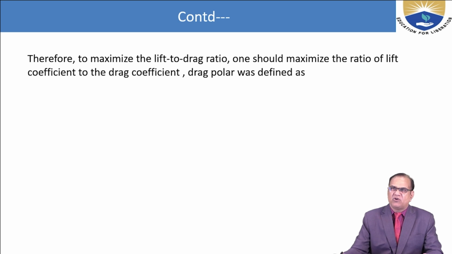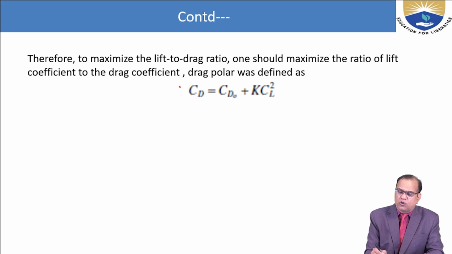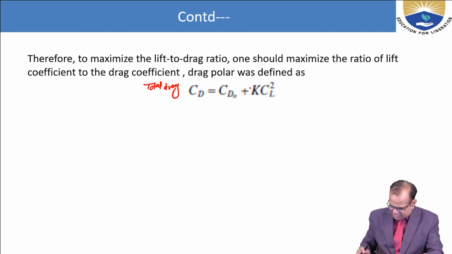Drag polar was defined as, we know that drag polar, that is the total drag, CD. This total drag CD is equal to CD naught plus K CL square, where CD naught is the zero lift drag and K CL square is the induced drag.